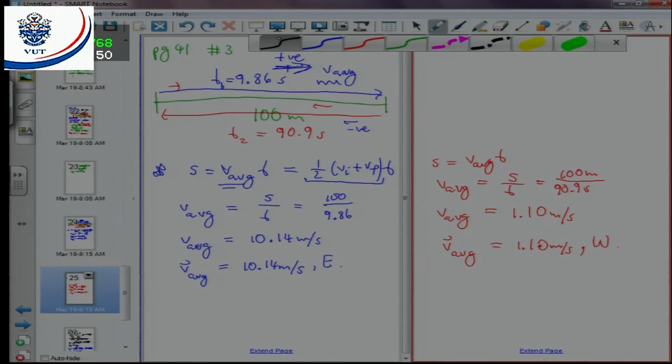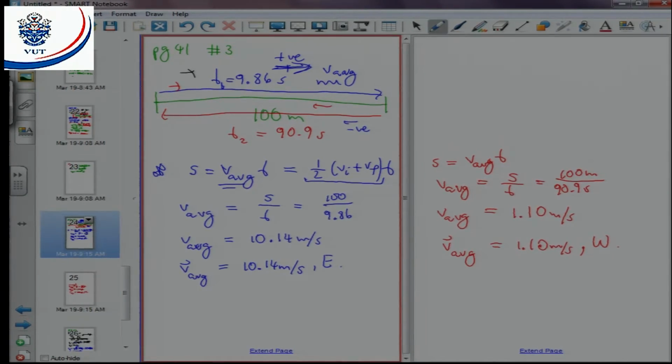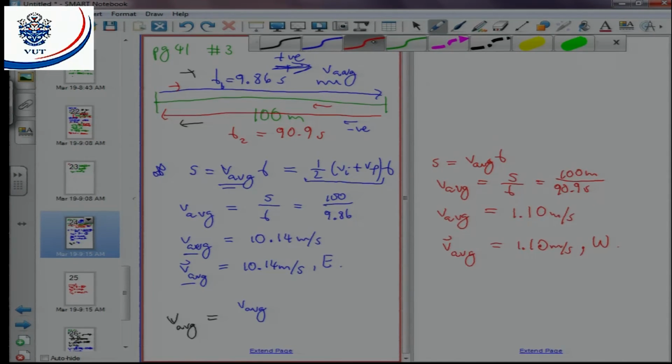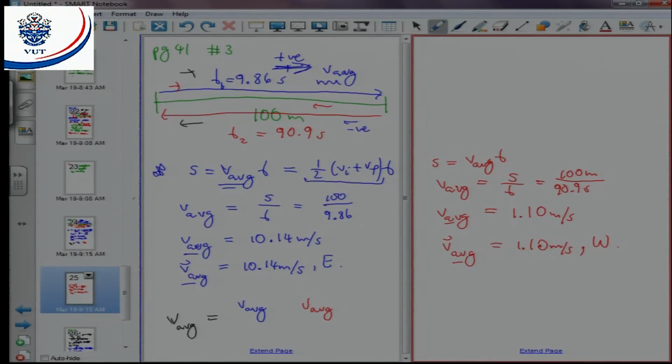So then remember that the average speed is just the speed for the one trip, which is forward, plus the speed for going back, divided by 2. So average speed for the whole trip is just the blue speed over here, so V, not velocity, speed, so V average here, and then I need to add the red speed, so V average from here, and divide by 2.